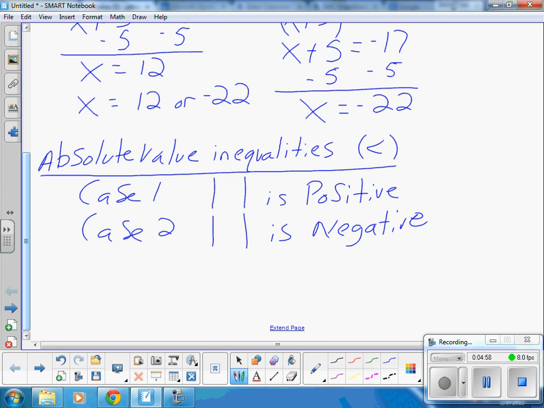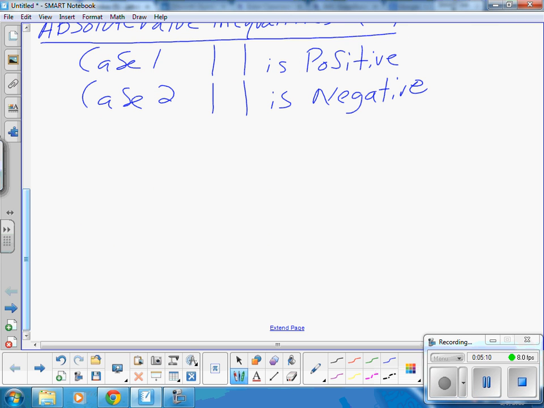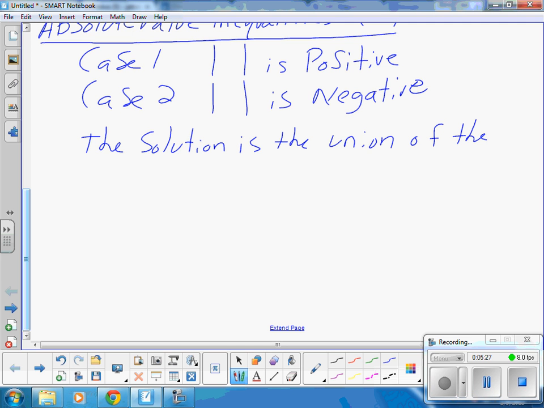When we get to the final answer, the solution is the union of the two cases. It is the union of the two cases. That's important to know. So let's take a look at an example.